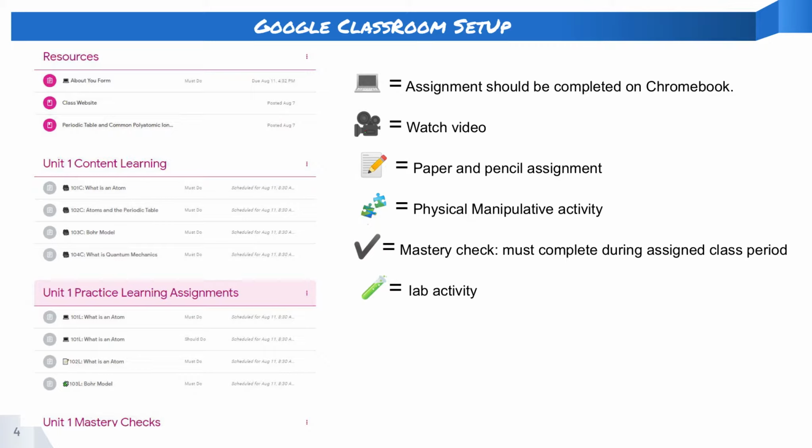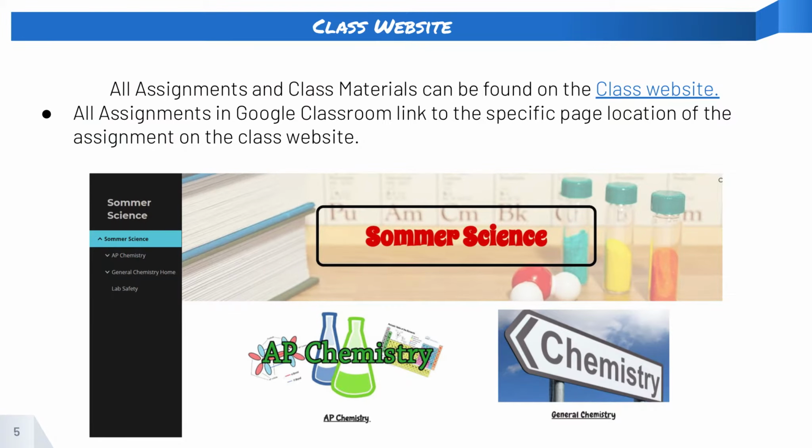The puzzle piece represents a physical manipulative activity. The checkbox is a mastery check that they must complete during their assigned class period. And the test tube is a lab activity. All assignments and class materials can be found on the class website, and all assignments in Google Classroom link to a specific part of the class website.